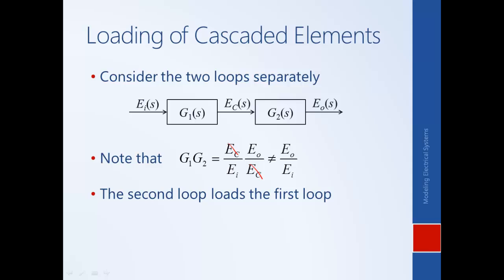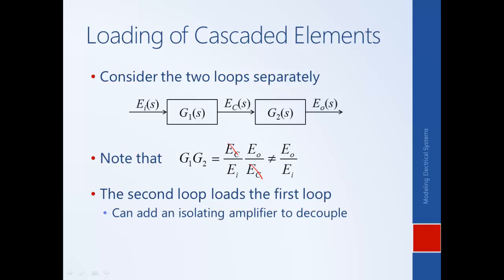If you have a system downstream that has an obstruction, or it's been throttled down so that the cross-sectional area is smaller so that not as much water can flow through, or the flow rate is limited, that back pressure is going to affect the system upstream. And so in essence, that's what happens with electrical circuits. So this assumption that we had made previously doesn't always hold, for example, with circuits or hydraulic systems. So we need to be a little bit careful.